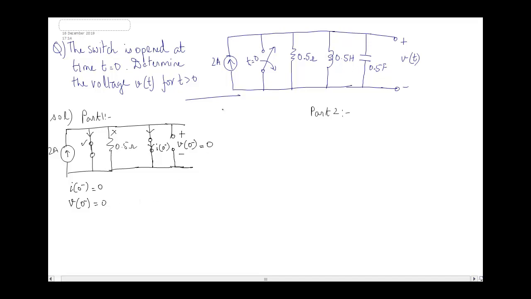So we have found that I of 0 minus and V of 0 minus are both 0. There is no stored current or charged voltage across the capacitor.